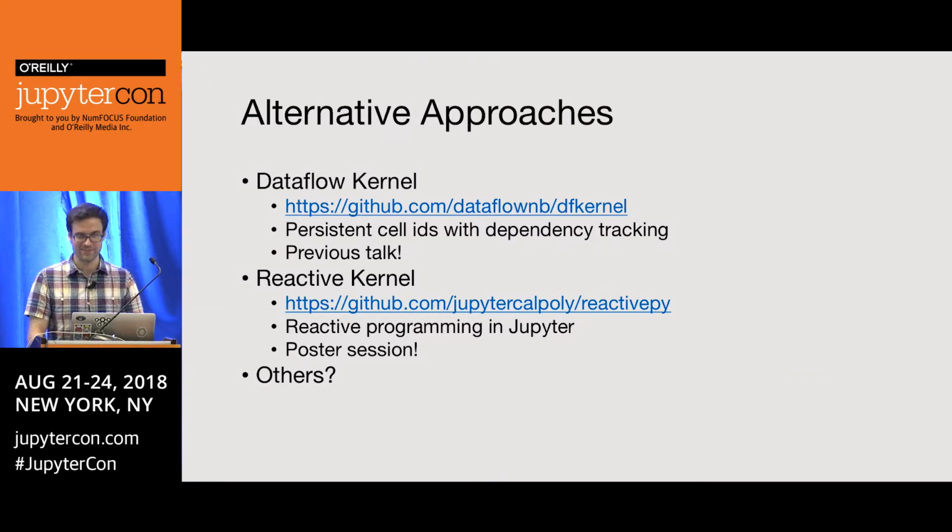If you didn't see that one, it's worth checking out the video. There's also the Reactive Kernel project, which had a poster session the other day, and this is based around implementing a reactive programming paradigm in Jupyter, with similar motivations to this as well. And there are other things as well that I'm sure I'm not aware of.